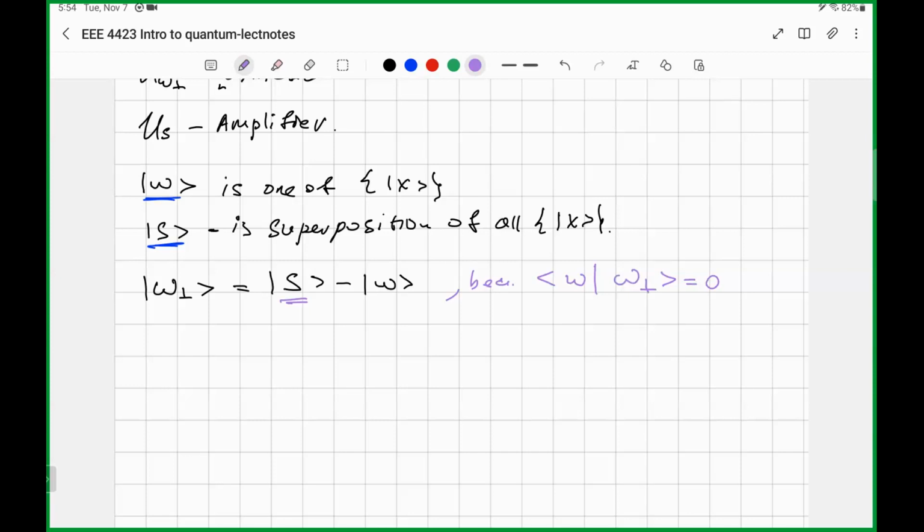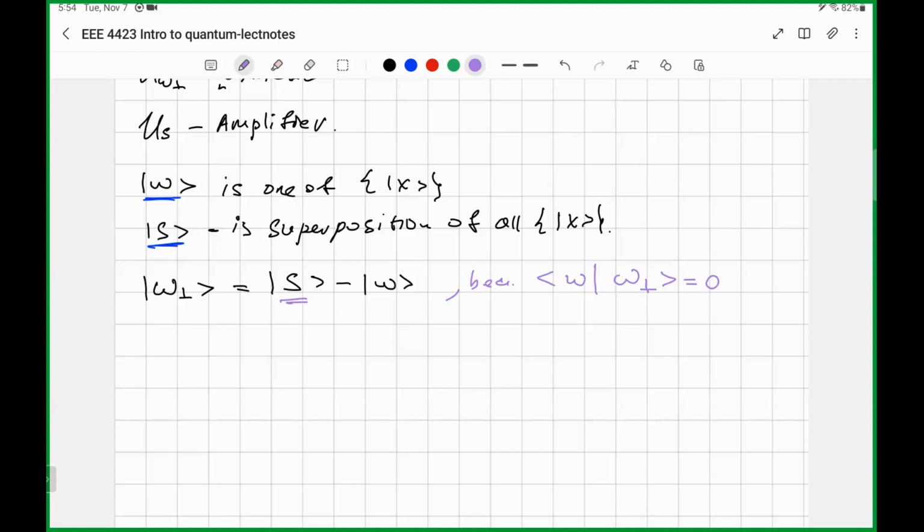Let me repeat this once again. So the state S is the superposition of all basis states. The state omega is one particular basis state, which encodes some information that we search for.